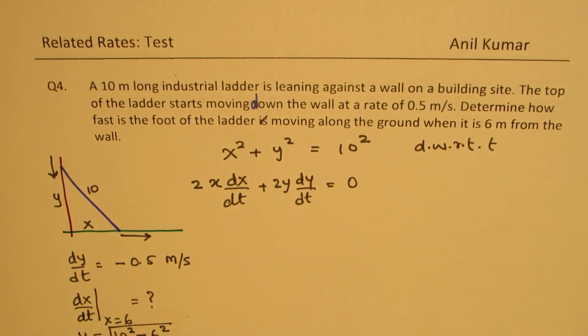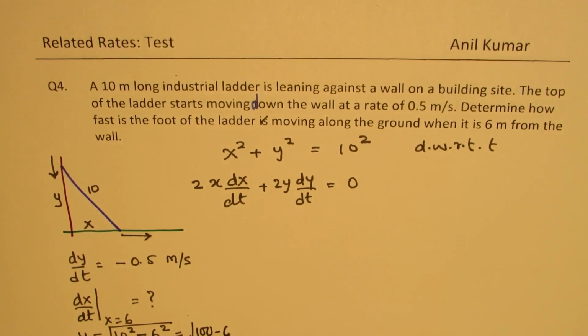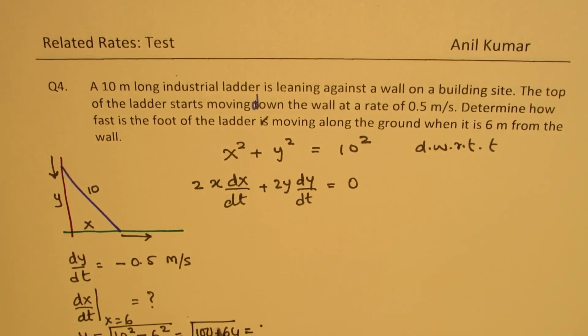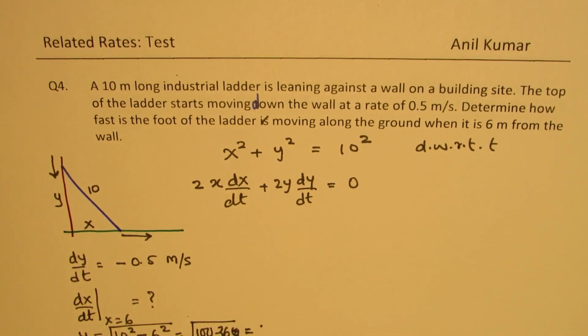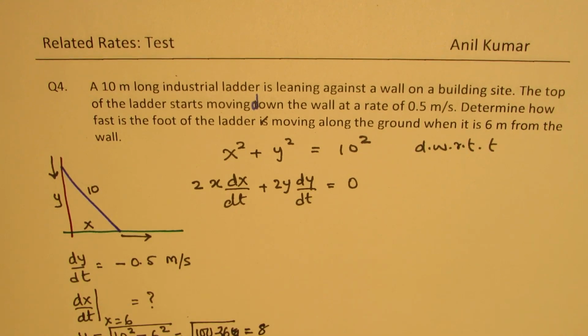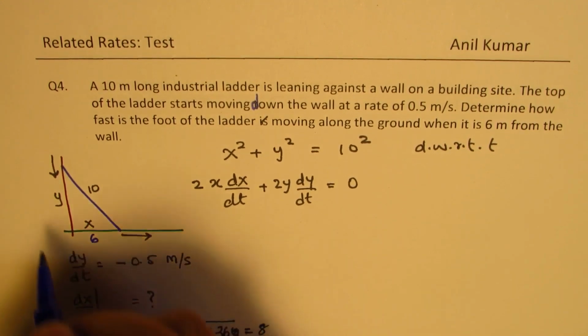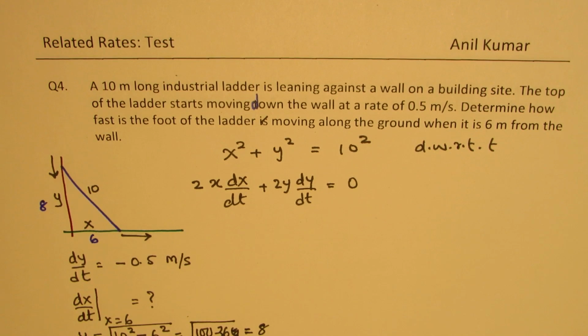So that gives you 100 minus 36, since 6 squared is 36. And when you take away 36, we get the square root of 64, which is 8, right? So y is 8 when x is 6.